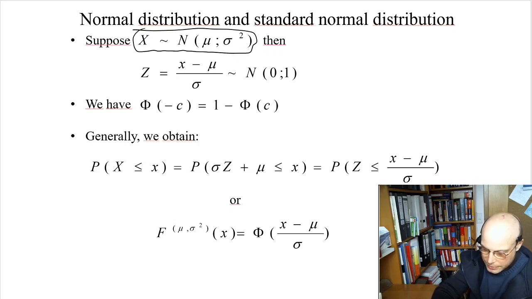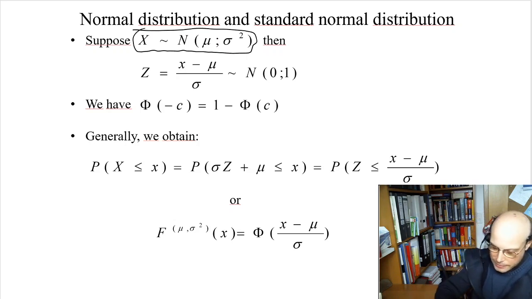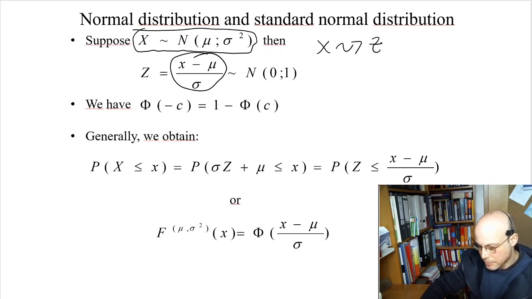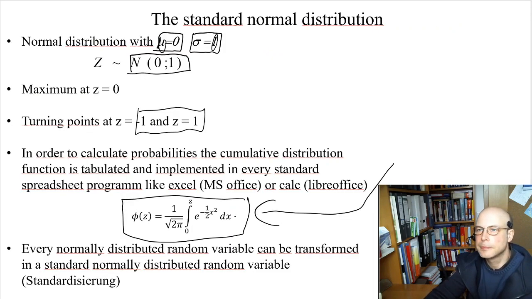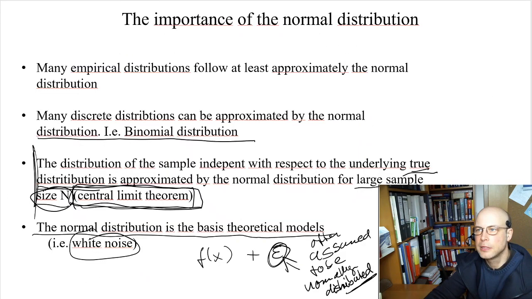So if we just take a random variable x, which is normally distributed, then we transform our x to z, and that will be x minus mu over sigma, and we just put this in our general formula.